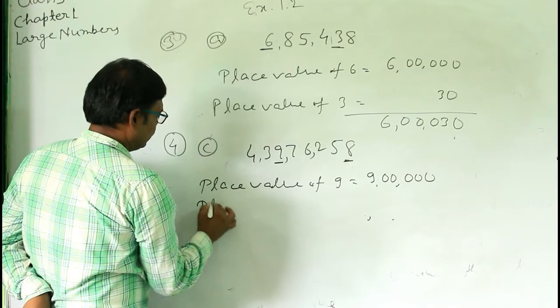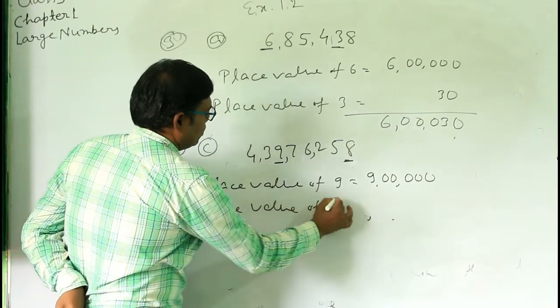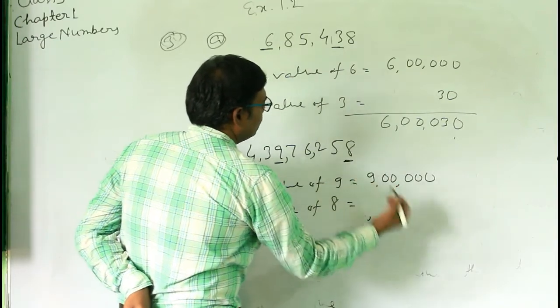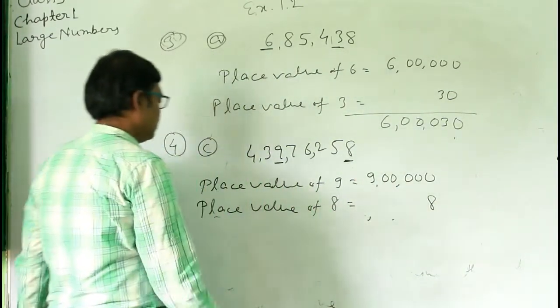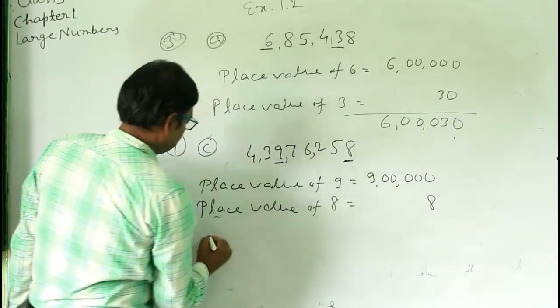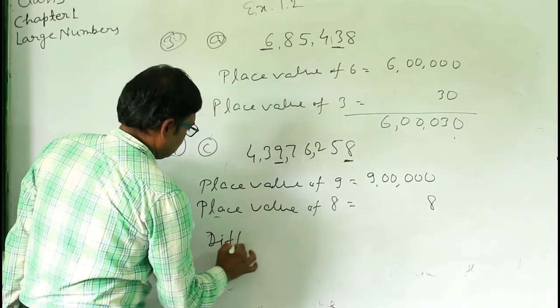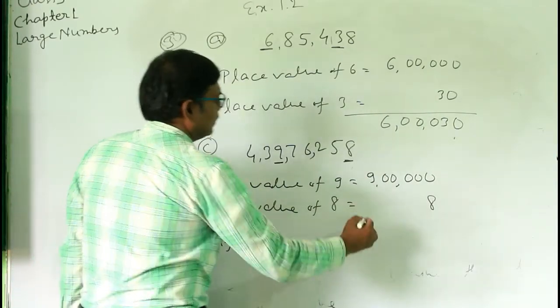And the place value of 8 is equal to 8 only, because this is at the ones place, so it will be 8. Now find the difference of these two numbers. Difference is equal to, subtract these two numbers.